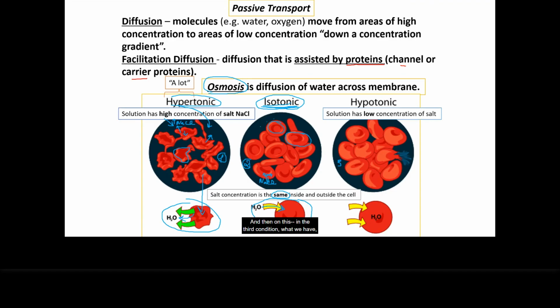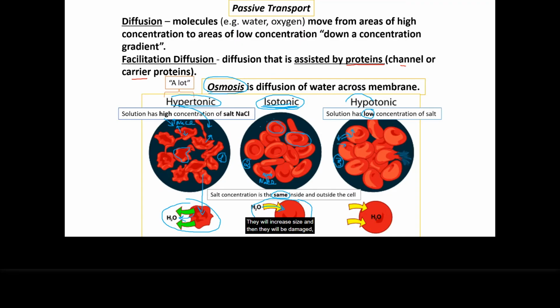And then in the third condition, with the black background, is a hypotonic solution. Hypo means low. So outside of the cell there will be a lower concentration of salt compared to inside of the cell. In this case, water will follow the salt and move inside of the cell.